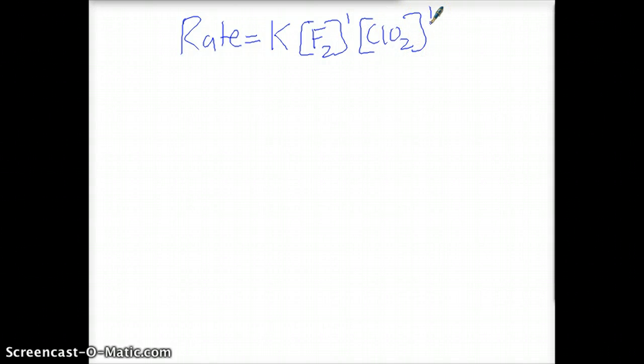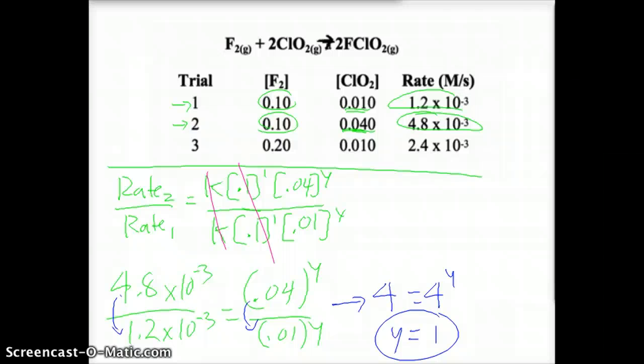What I need to figure out is this. So how do I do that? So, what you should make a note of, in order to determine K, you plug in values that are given in the table for the concentrations and rate. It doesn't matter what trial you use. So, let's go ahead and just choose trial number 1, just because it's the first one.